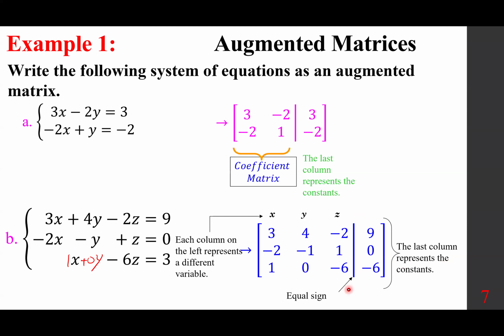So if they give us the system, we can go to the augmented matrix. If they give us the augmented matrix, we should be able to go back. So it shouldn't be a big deal, everybody. Very straightforward.